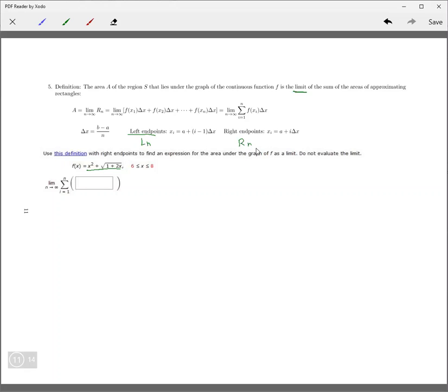So you can calculate those values right there. Let me rephrase that differently. If these x1, x2 are the left endpoints, then this part right here is going to be Ln.